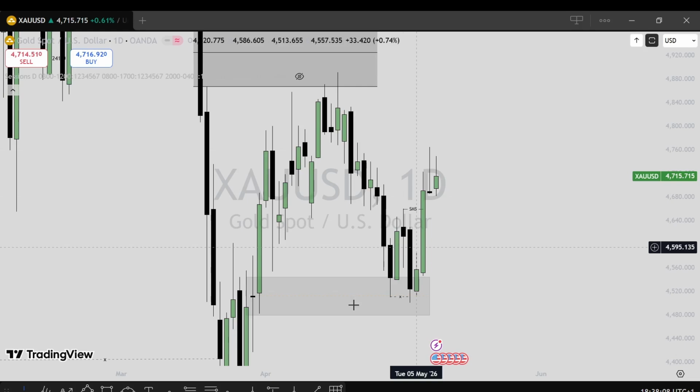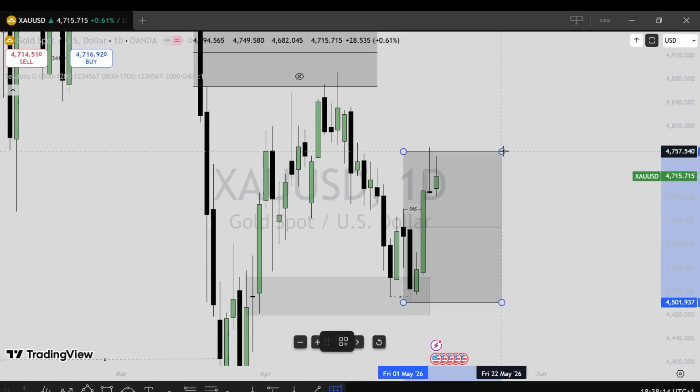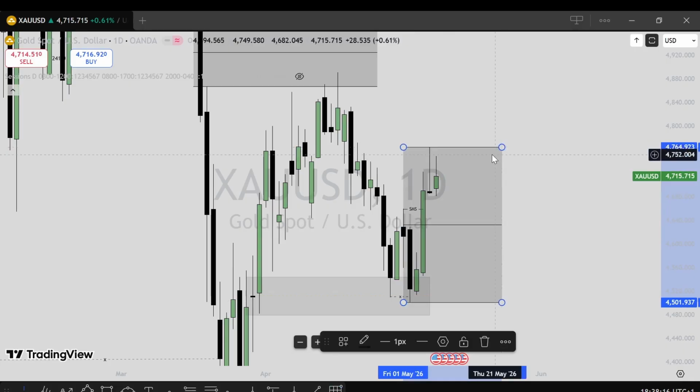You understand? So let us map out this zone. Picking up my range here, mapping it out from this low to this high. From this point to this midpoint is my premium, and from this midpoint to this low is my discount. Since I'm anticipating buying this market, I have to wait for price to retrace down to my discount phase.